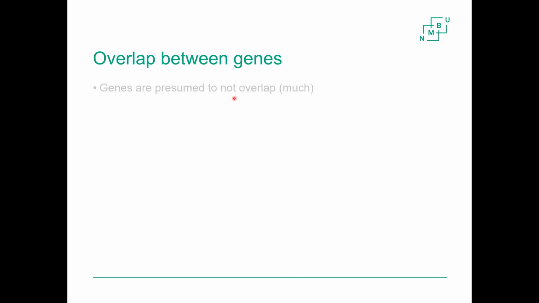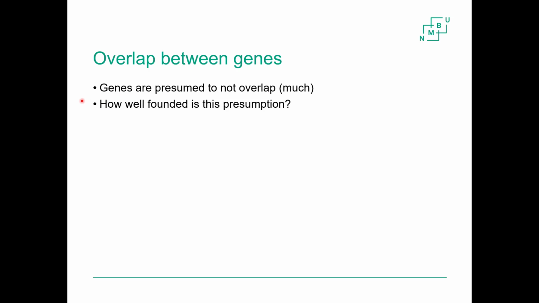Well, overlap between genes is also an important piece of information because genes are presumed to not overlap very much. The problem is that there is no really good argument for this, I think. And I think that genes can overlap, not always. I can see that some genes cannot. For instance, two genes that must be transcribed more or less at the same time.